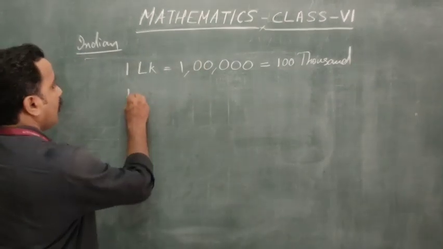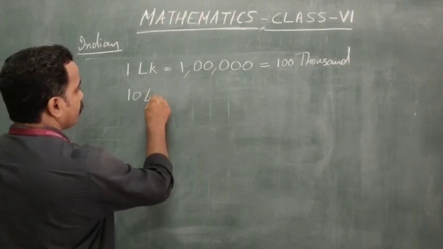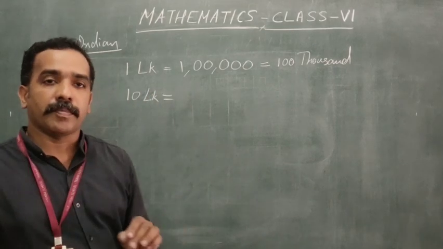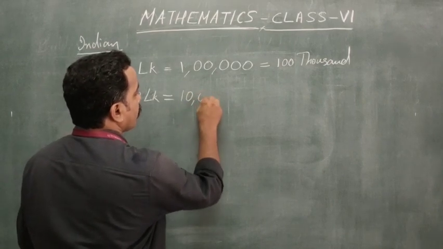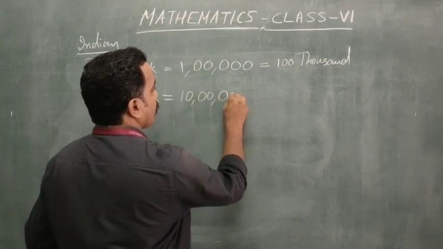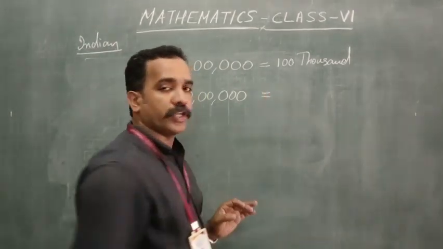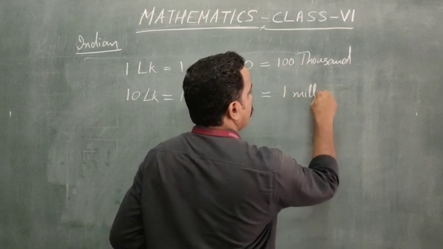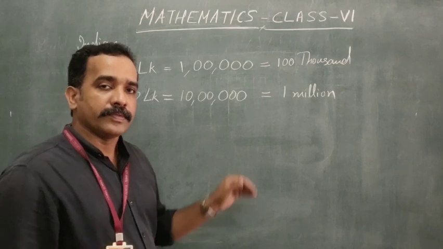Then 10 lakh in the Indian place value system we can write as a 7 digit number, and 10 lakh is equal to 1 million.